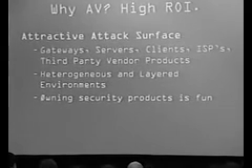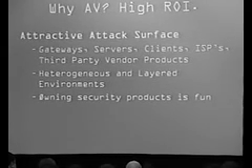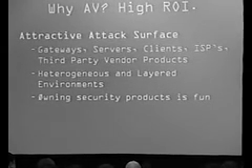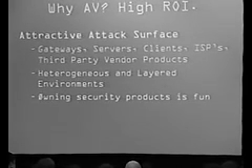Okay, so we're going to start off with explaining why go after AV. Why is it interesting? The summary reason is it has a really high ROI. You get a lot of bang for your buck. What we mean by that is these libraries run on pretty much every system available. Gateways, clients, servers, ISPs implement them.